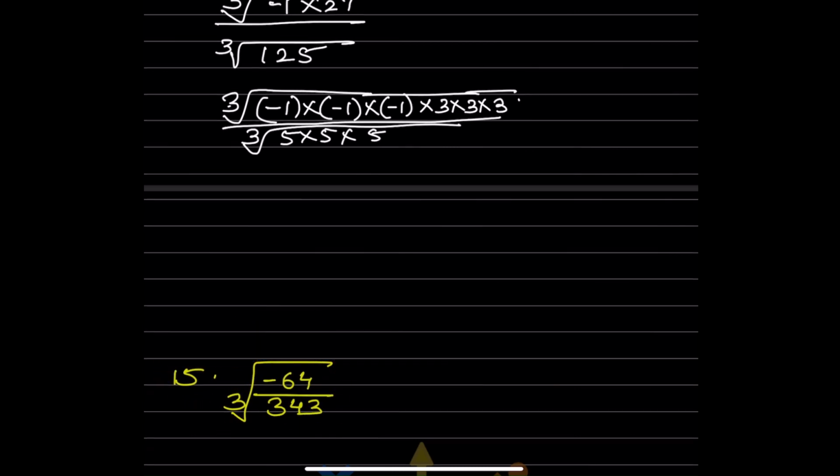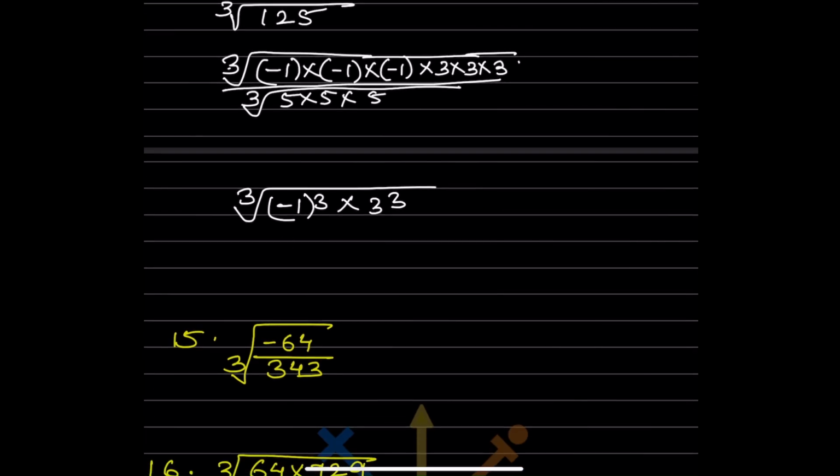so you know this, the cube root of, you can also write like this. There are 3 times, so that will be -1 into 3. I'm sorry, for here we have to write the denominator. That is cube root of here 5 cube.